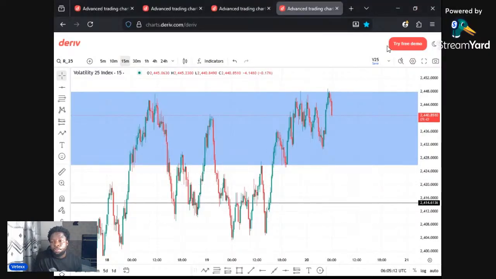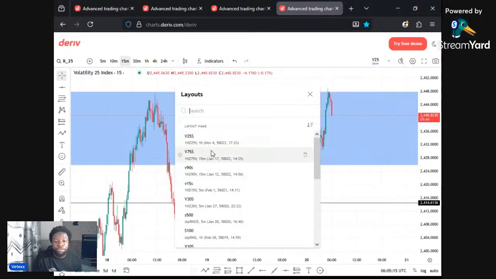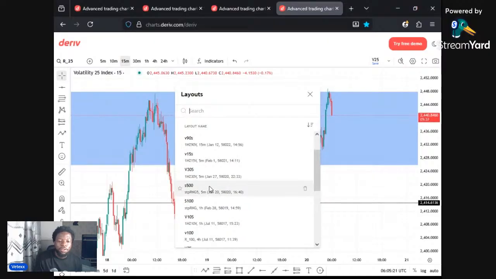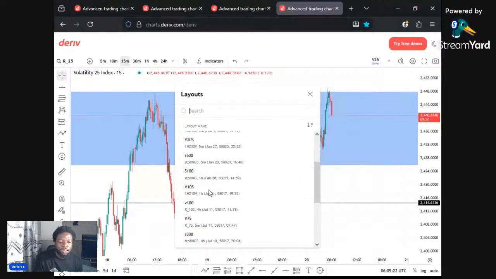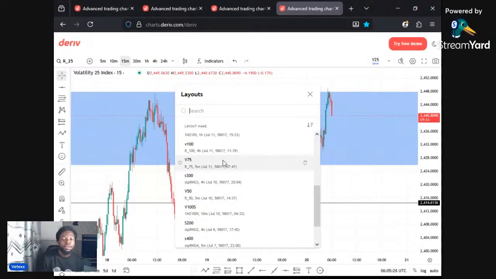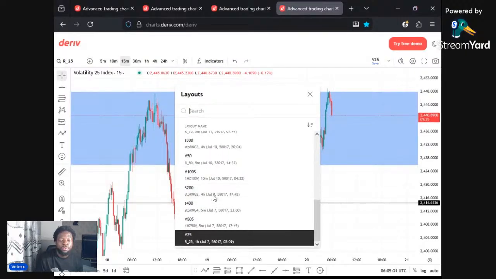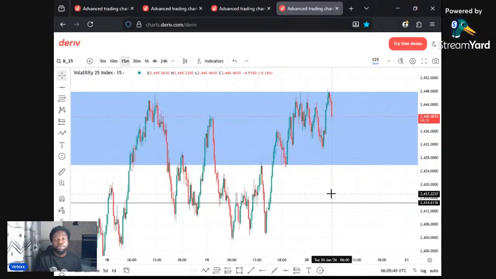We've checked V25 1S, V75 1S, V90 1S, V15, V30, V5, step 500, step 100, V10S, V100, V75, step 300, V50, V100 1S, step 200, step 400, V50S, and then V25. But we haven't found anything yet on those pairs. But if something comes up, I will make sure I update in the community so that we can all follow along.